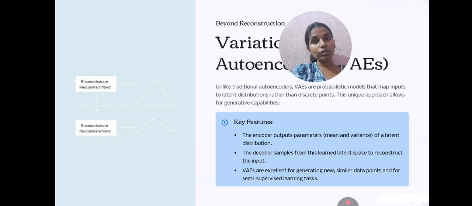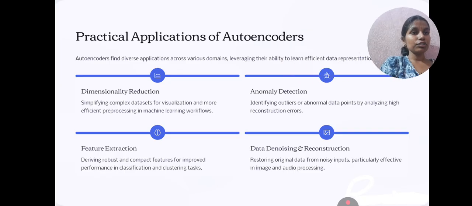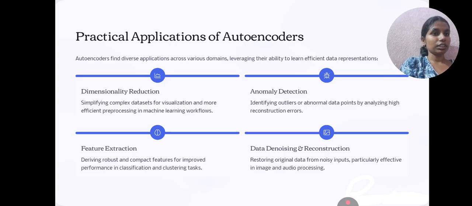Practical applications of autoencoders: autoencoders find diverse applications across different domains, leveraging the ability to learn efficient data representations. First one is dimensionality reduction, simplifying complex datasets for visualization and more efficient preprocessing in machine learning workflows.